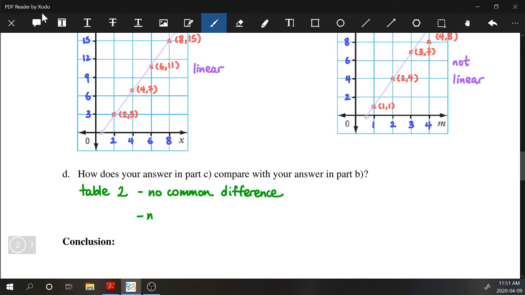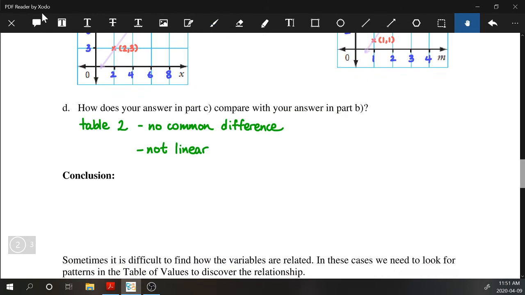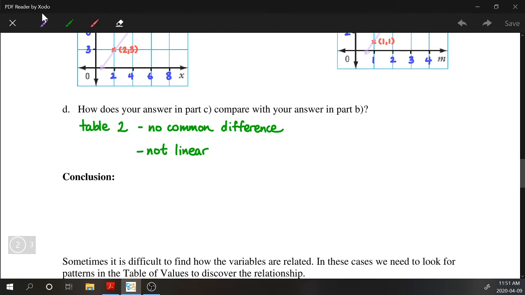So if you are looking to see if a table of values is representative of a linear relation, you're looking for a common difference somewhere. This is what you're looking for. And again, that's our conclusion here. A common difference for the variables would lead to a linear relation.